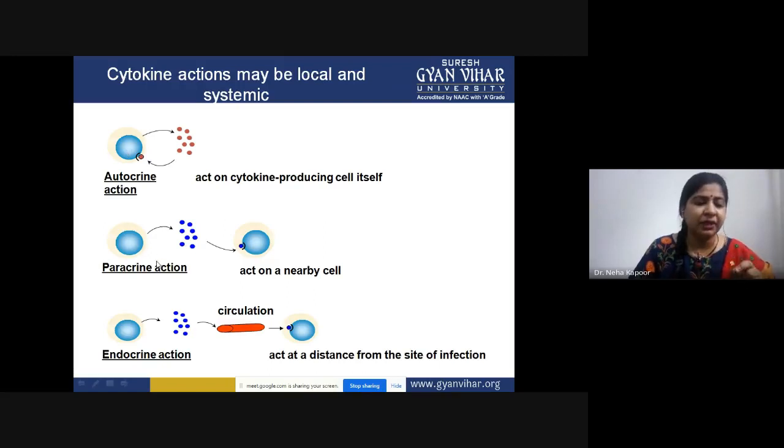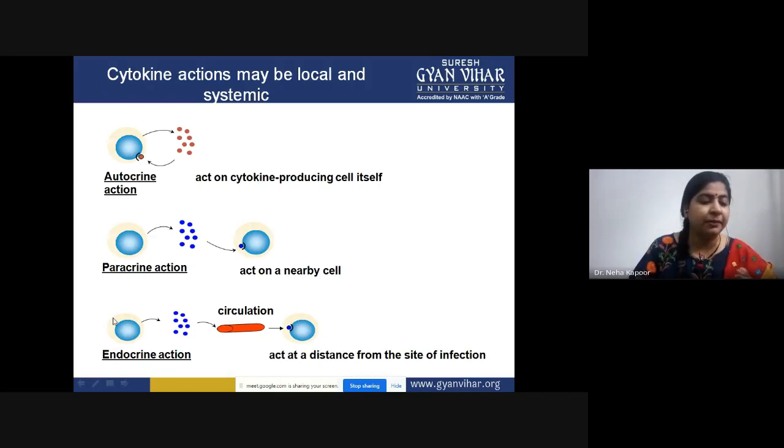Paracrine is seen when this cell is producing cytokines, these blue molecules. These blue molecules are released as cytokines, but these cytokines are being attached onto the surface of a nearby cell. In that case, whenever cell to cell communication is happening with a nearby cell with the help of cytokines, that is known as paracrine action.